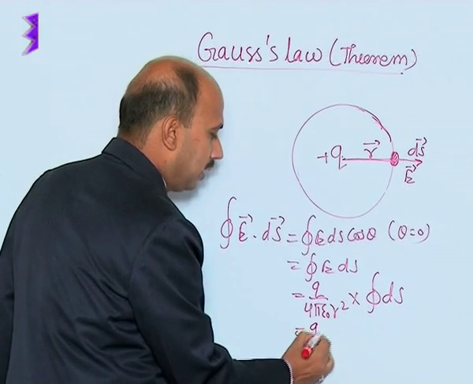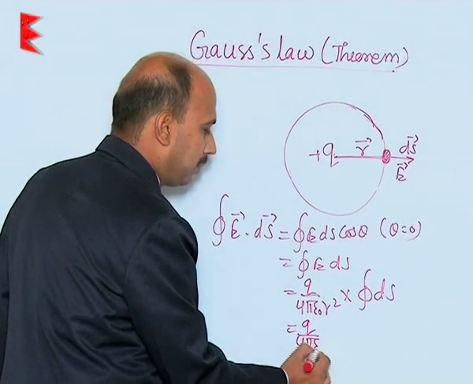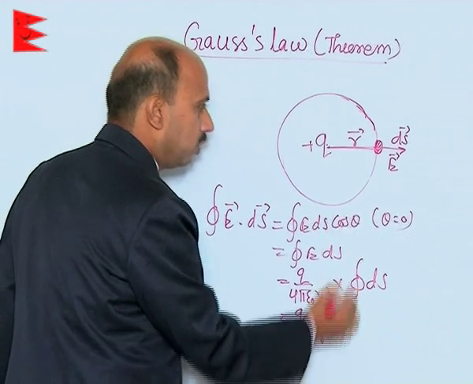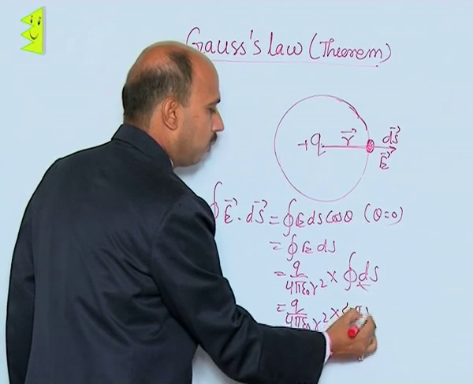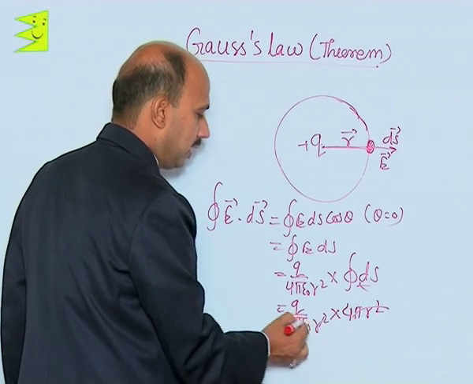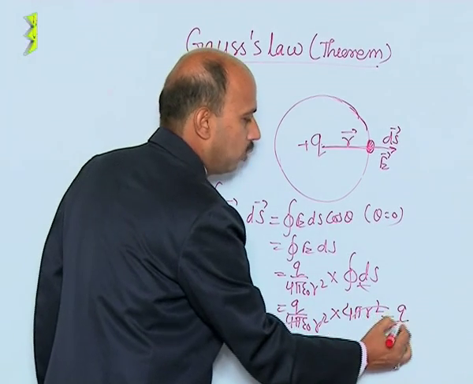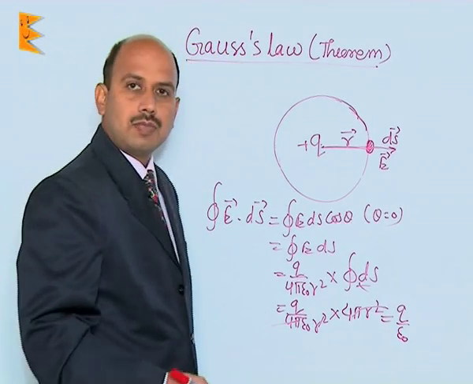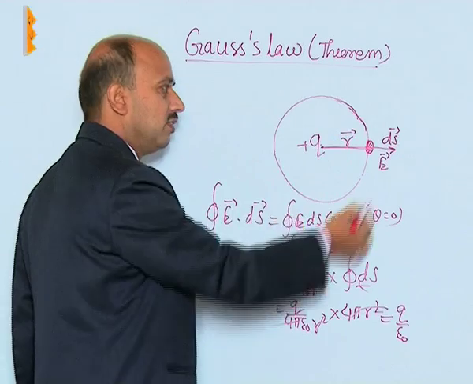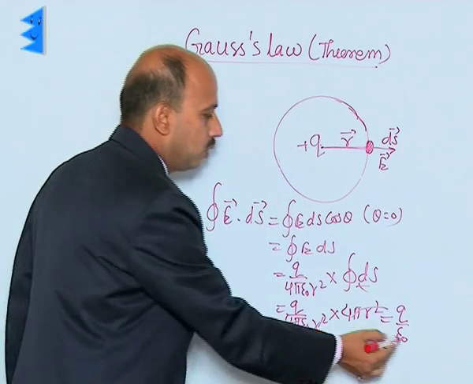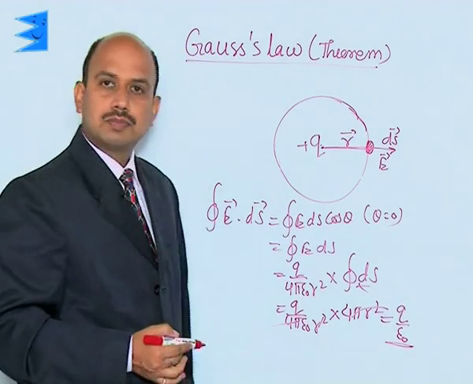So q upon 4 pi epsilon naught r square into, when you integrate ds over this surface, you will get 4 pi r square. This and this get cancelled, so you will get q by epsilon naught. So the total flux due to this charge through this spherical surface is equal to q upon epsilon naught.